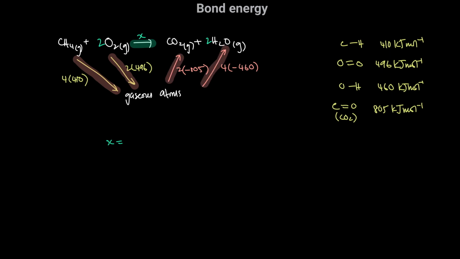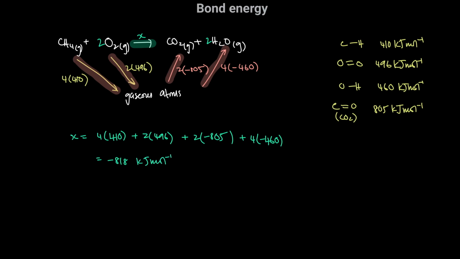So X is equal to 4 times 410 plus 2 times 496, plus 2 times negative 805, plus 4 times negative 460. So X comes out to negative 818 kilojoules per mole.